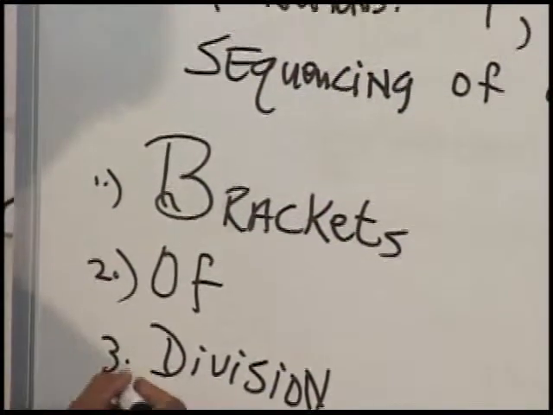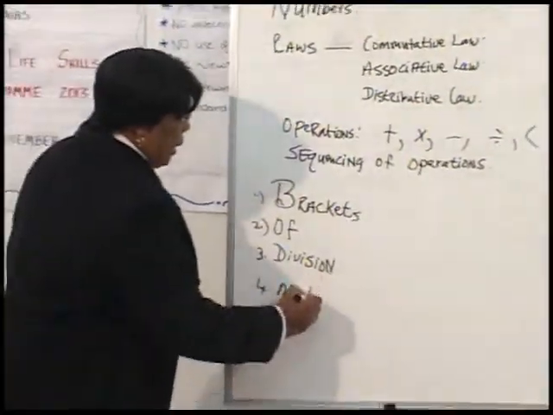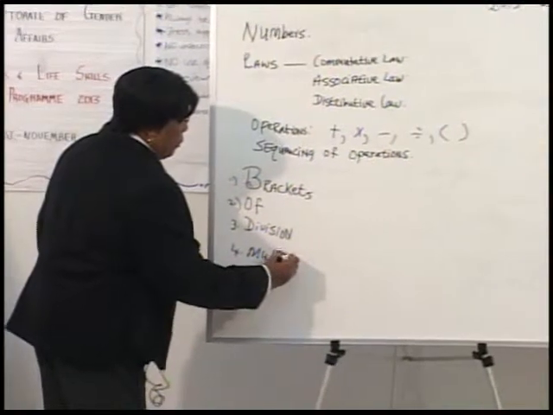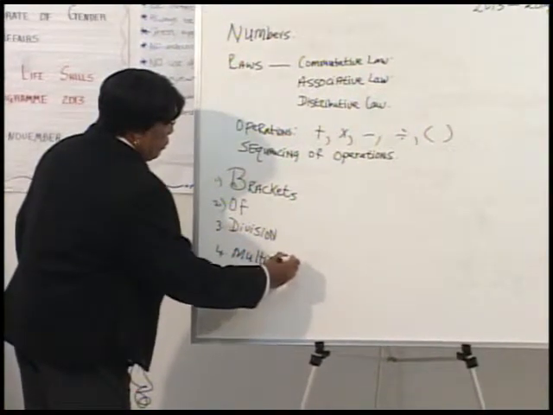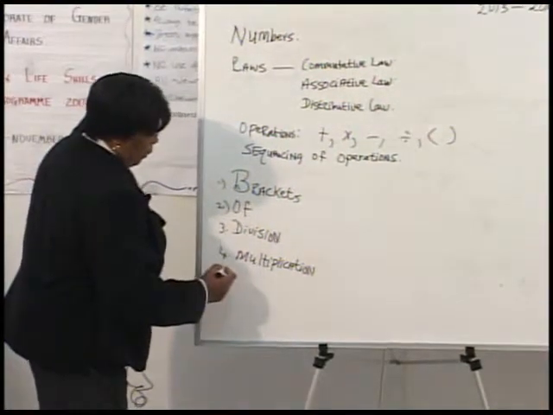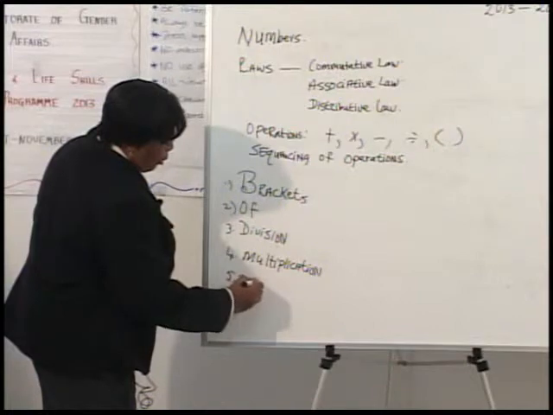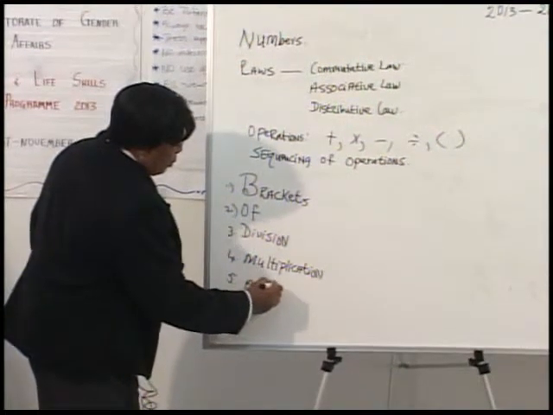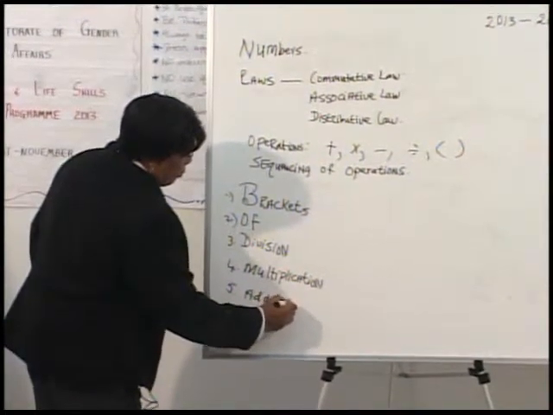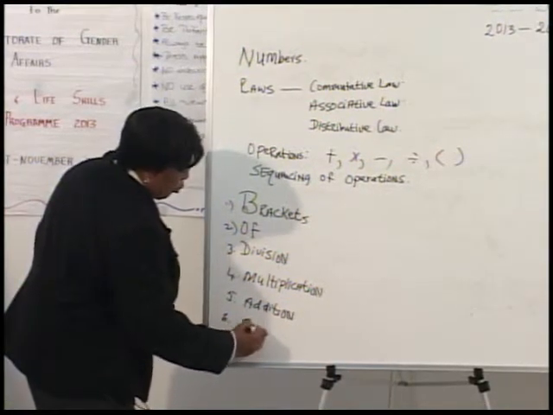So we do our division, and then our multiplication. And after that, from our multiplication, we get into our addition. And lastly, our subtraction.